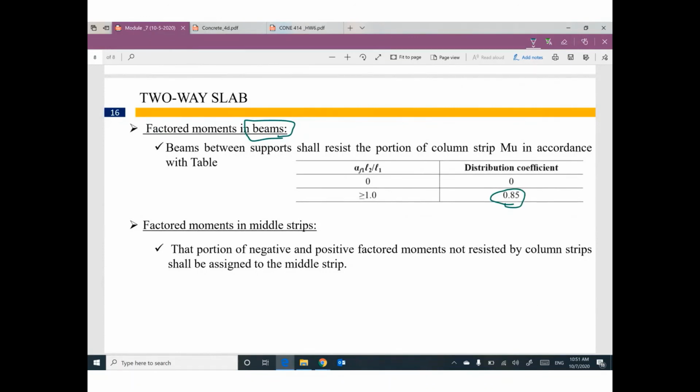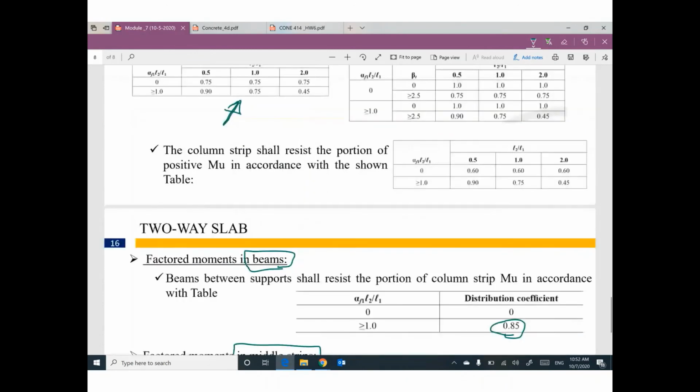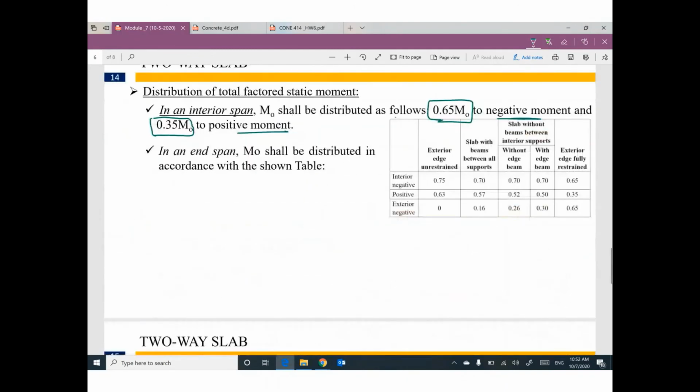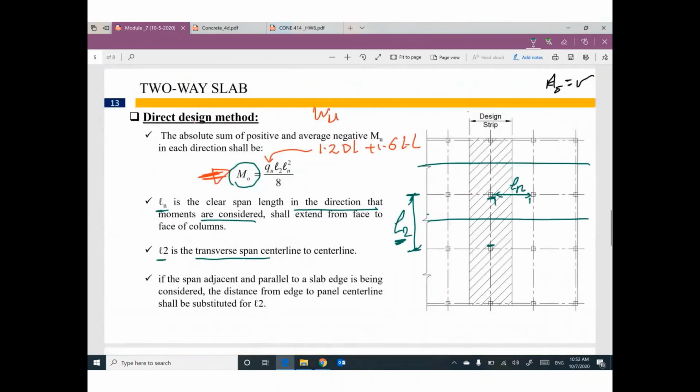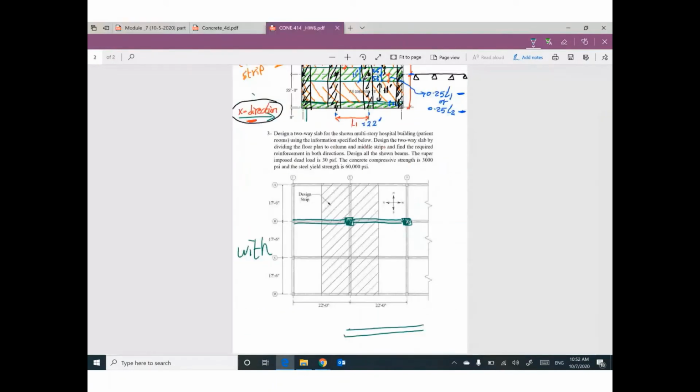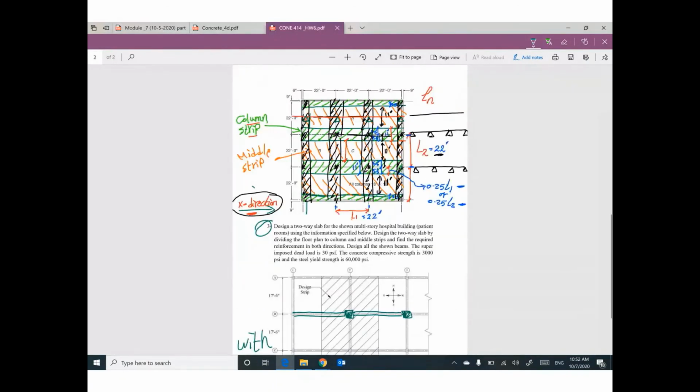Once you divide your moment to the column strip, the remaining moment will be for the middle strip. How to divide your calculated moment between column strip and middle strip, I'm going to go through in more detail on Friday, by helping you solve this problem and this problem in the homework.